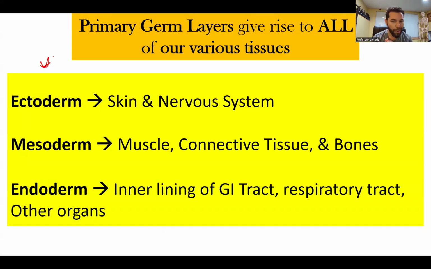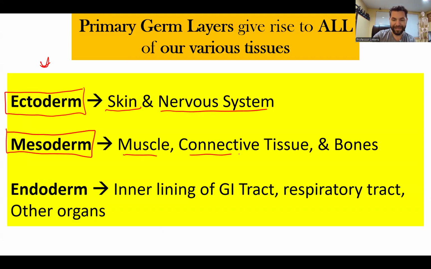You hopefully recall hearing about ectodermal cells turning into the skin, ectodermal cells turning into the nervous system, mesodermal cells turning into muscle, connective tissue, and bone, endodermal cells, more internal organs, GI, digestive, respiratory tract, as well as a bunch of other organs. So these dermal cells are very important in developing the actual organ structures inside.